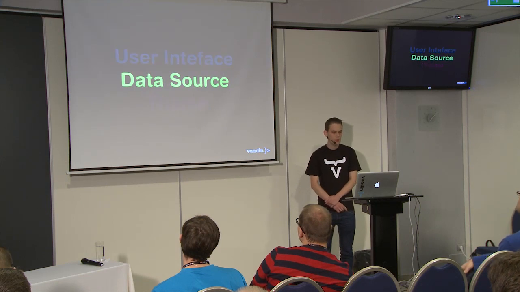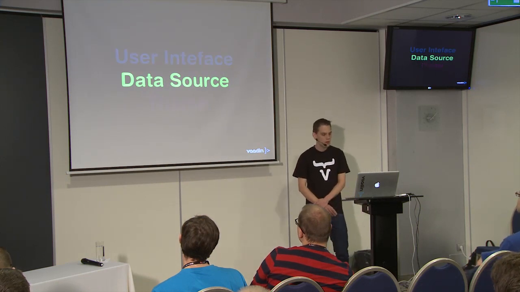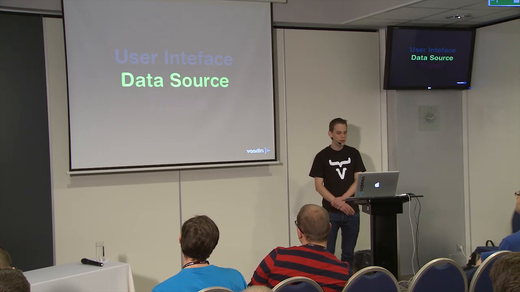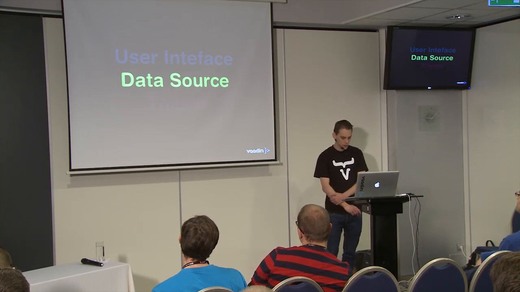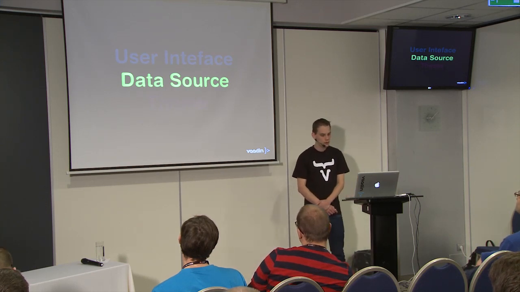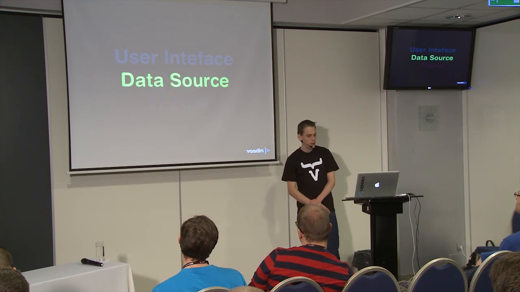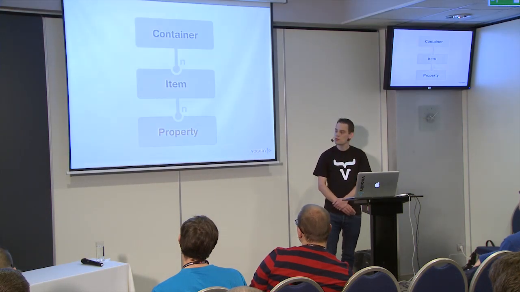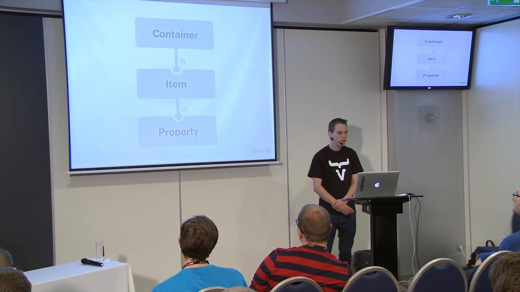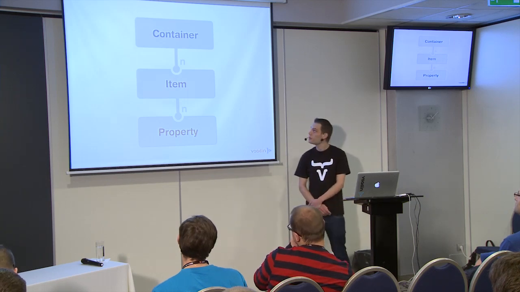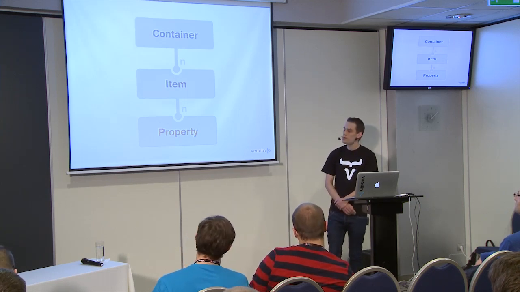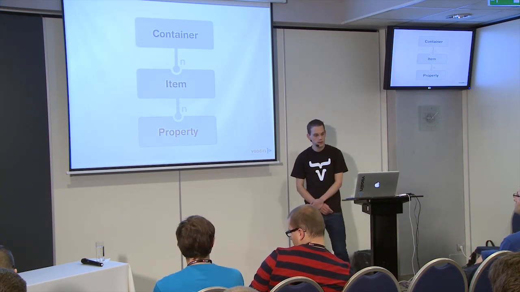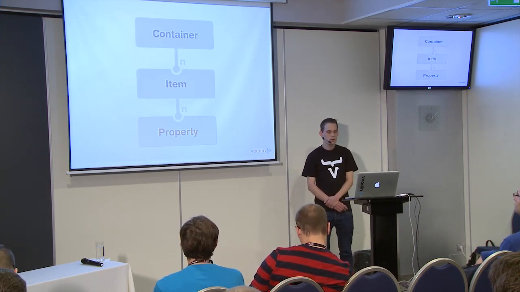We also have data source components for binding the UI components to data source. And there are three concepts behind the data binding in Vaadin. We have the container, which can be thought of as a SQL table.